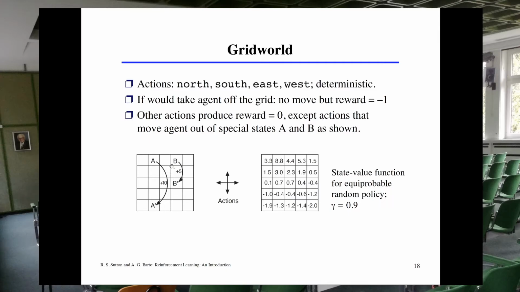Something similar will happen if the agent is in state B and moves outside B. It will receive automatically a reward of +5, and it will be moved to state B prime.